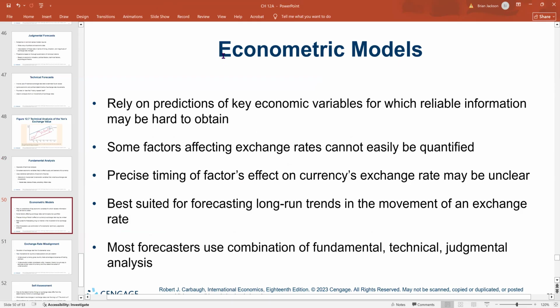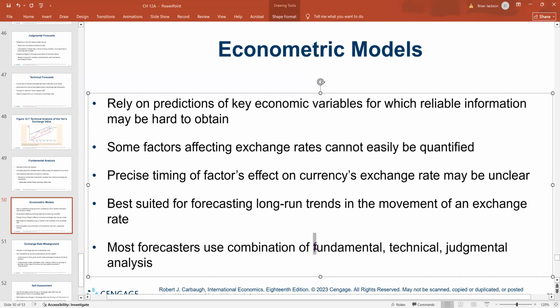And sometimes we build econometric models about these things. I just mentioned this here. Most econometric models will use a combination of fundamental and technical analysis and also judgmental factors. So this is where economics gets very technical, mathematical, just making mention of it here.